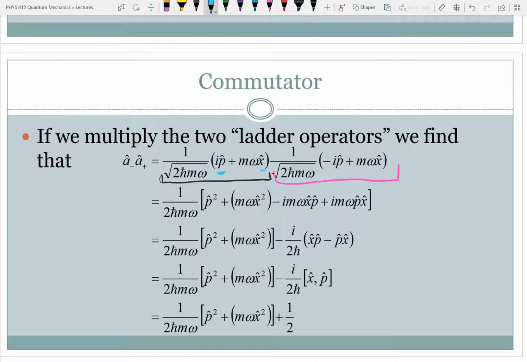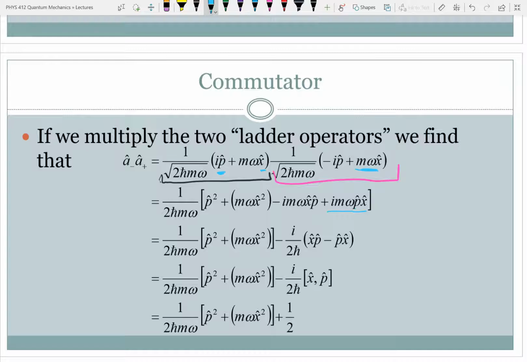So you have the i p operator times minus i p operator, which is just the p operator squared. And then i p operator times m omega x operator, which is this one. I m omega p first, then x.